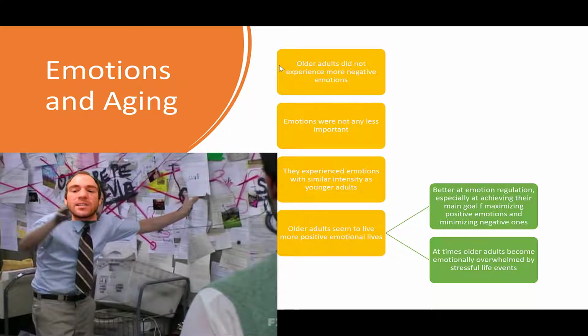So the idea here, and we'll touch on this momentarily, is that older adults experience emotion intensity at similar levels as younger adults in the U.S. And there are a couple of different reasons thought to underlie this, and that is that they're better at emotional regulation, and they have a goal of maximizing positive experiences and minimizing negative ones.